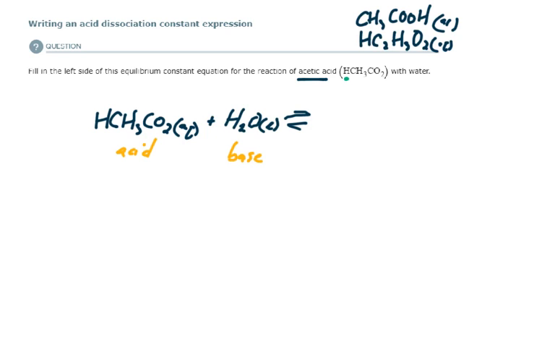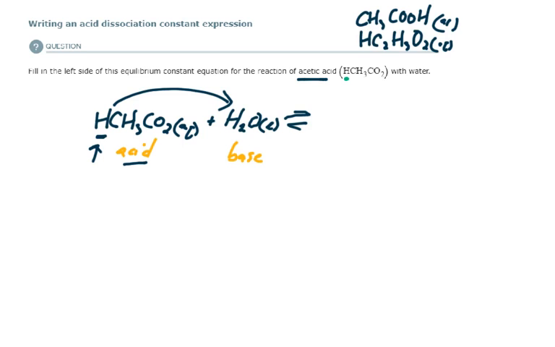And so what does that mean when acetic acid dissociates? It means that it loses a proton here. It's got one ionizable proton or hydrogen ion, and it's going to lose that, and that proton is going to be picked up by water molecules.